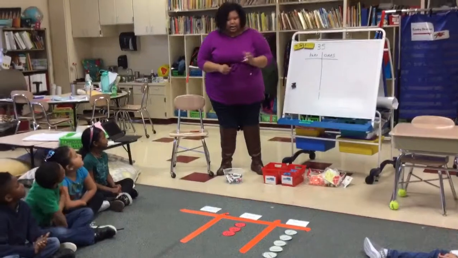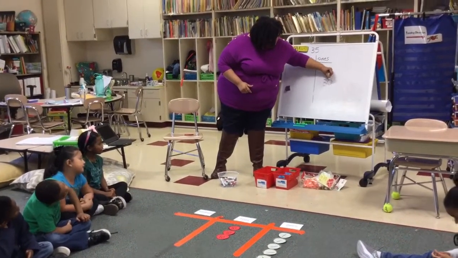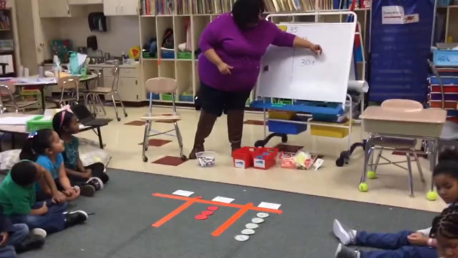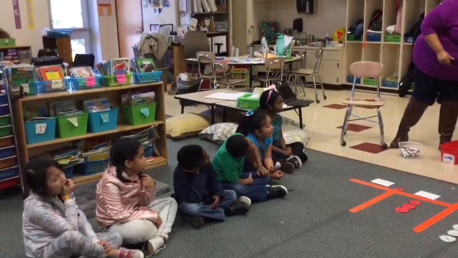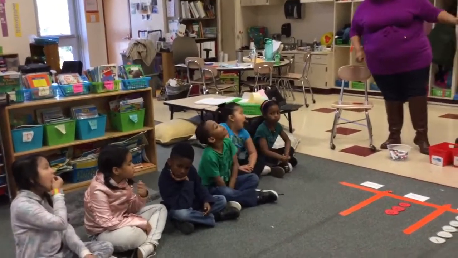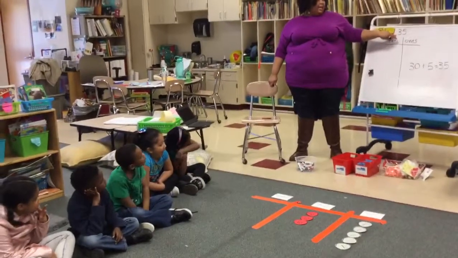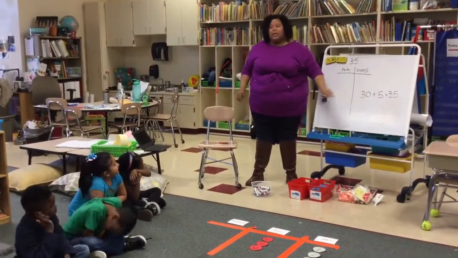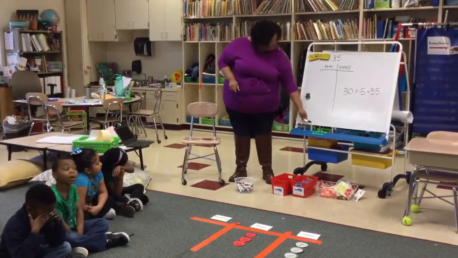I can say 30 plus 5 equals 35. Very good. So now we've taken our standard form number, which is how we see 35 every day, and we've changed it to expanded form.